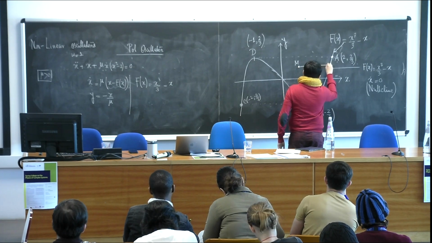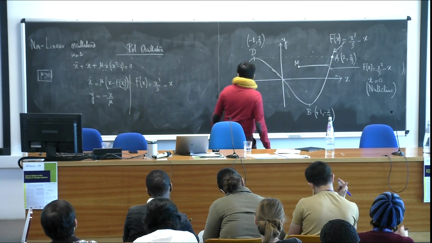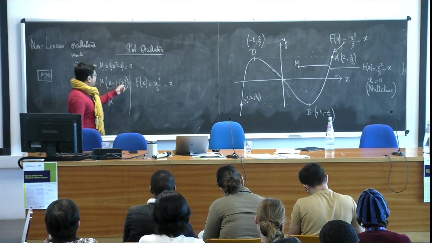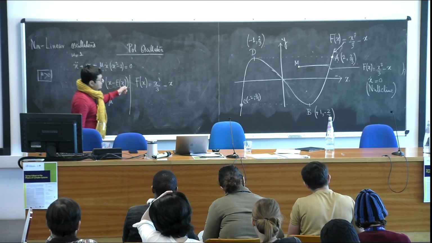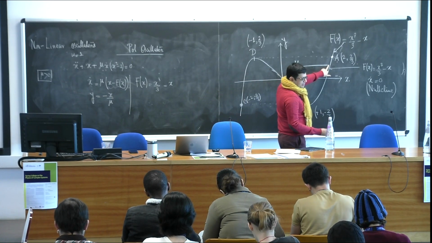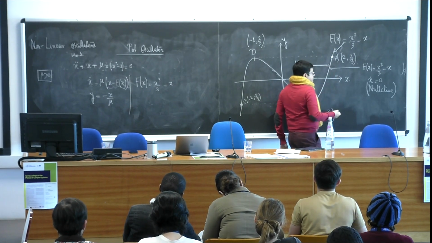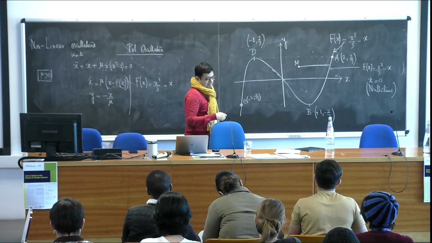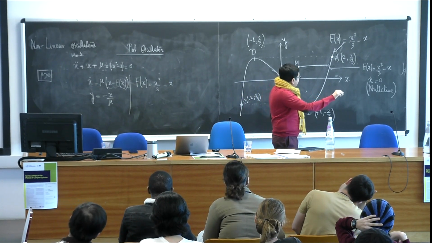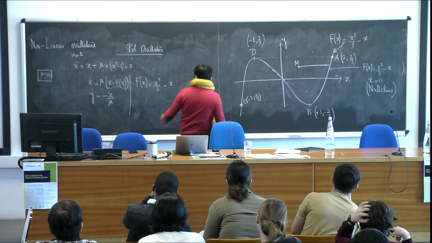It comes close to this point, and now x dot starts to get smaller and smaller. Why? Because y is coming closer and closer to f(x). So it zaps through, but then it comes close and slows down a little bit. Eventually x dot becomes so small that now y dot becomes the elder brother. Initially x dot was the elder brother, so it just goes shh, and then it slows down a little bit because x dot becomes small, because y minus f(x) becomes small, and then y dot takes over.